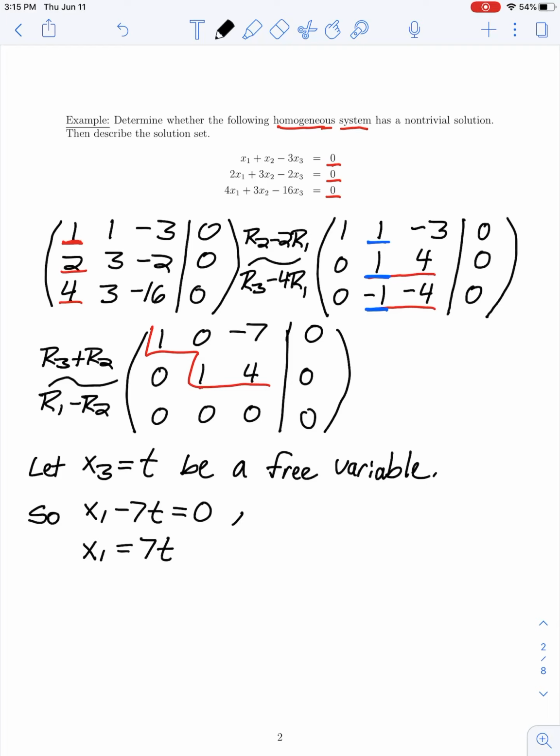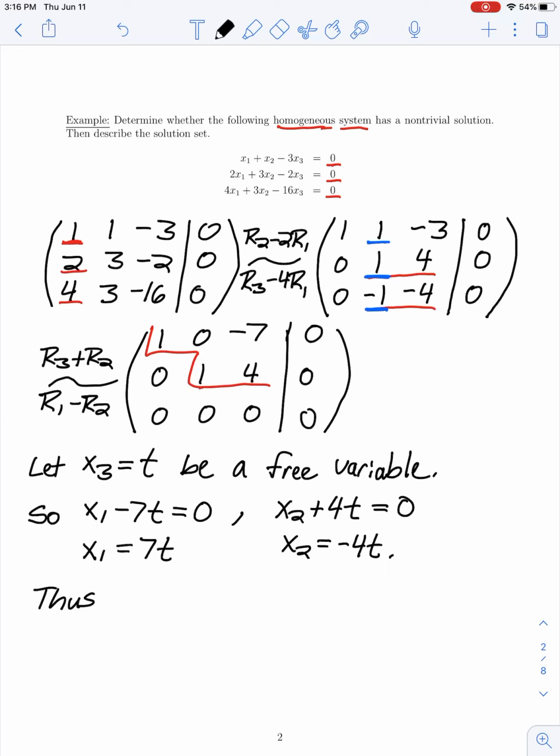And looking at the second row of this augmented matrix in simplified form, we have 1x2 plus 4 times x3, which we chose to be t, is equal to 0. Therefore, x2 is negative 4t.